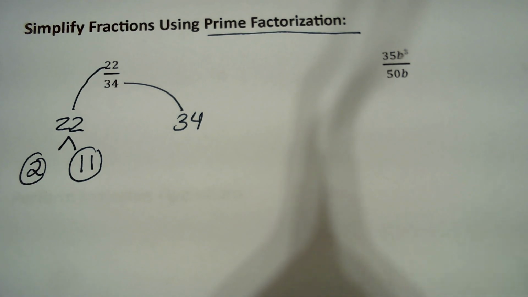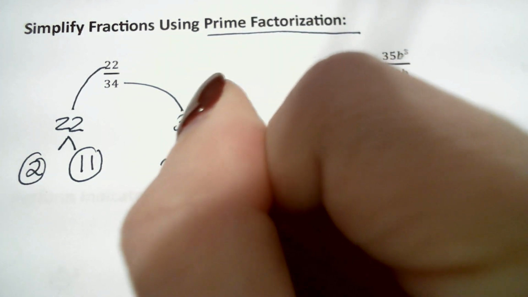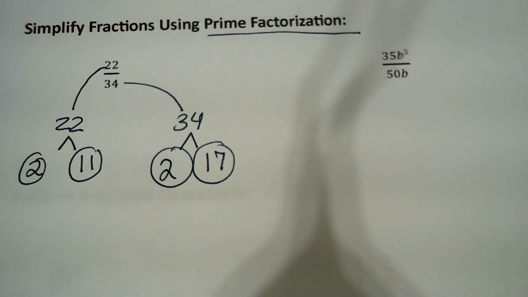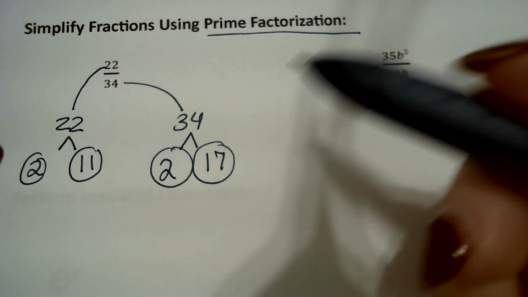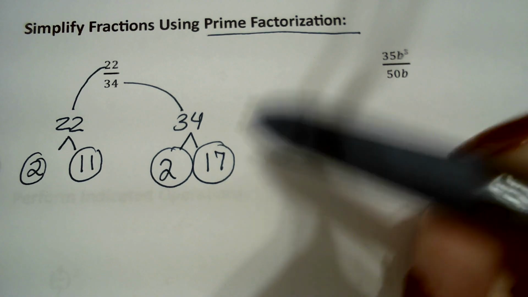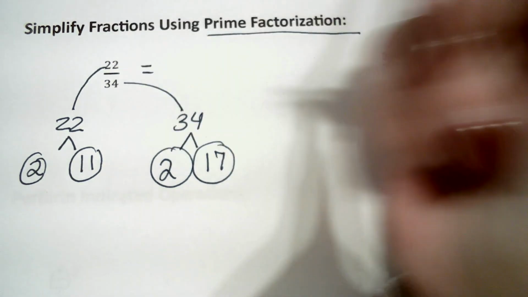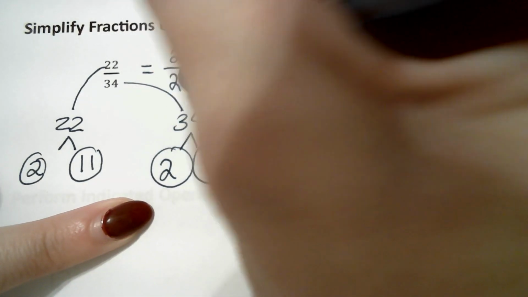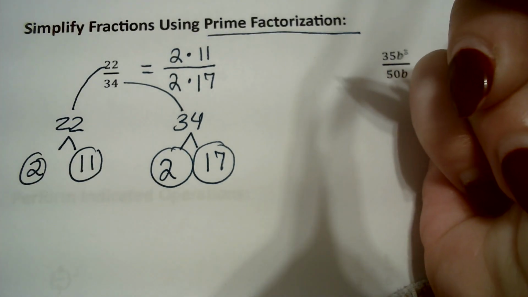Then I'm going to break down 34 into 2 times 17. So those are my prime factors. Now I'm going to write my 2 prime factorizations back in my fraction form. So 22 was 2 times 11, and 34 was 2 times 17.